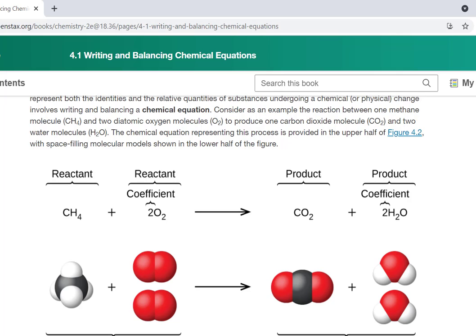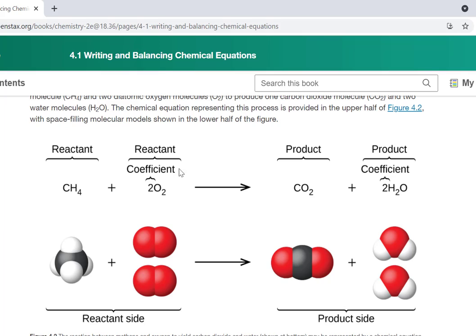I think we can see that more clearly when we look at the molecular level description of this reaction. We have O2, each molecule has 2 oxygens, and there are 2 of them. So we have this distinct molecule and this distinct molecule. They're separate molecules, this one and this one. Whereas with the CH4, you have 4 hydrogens that are part of the entire molecule.